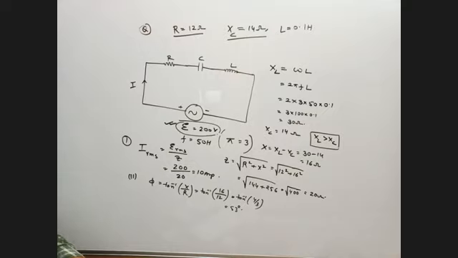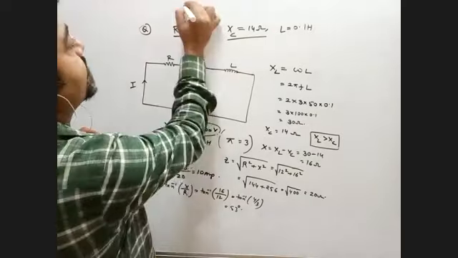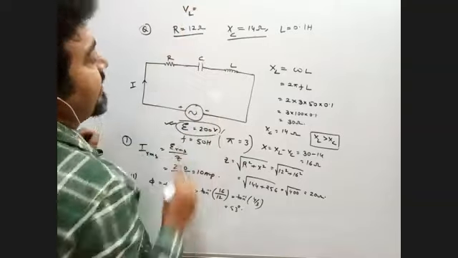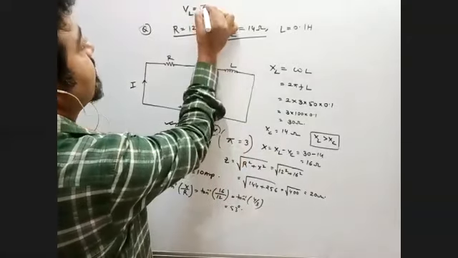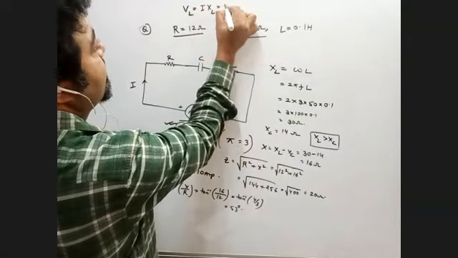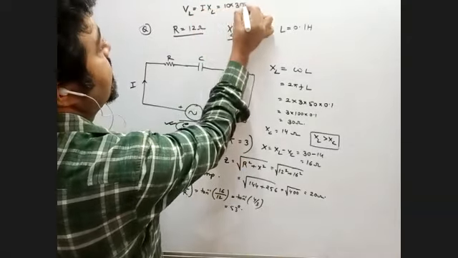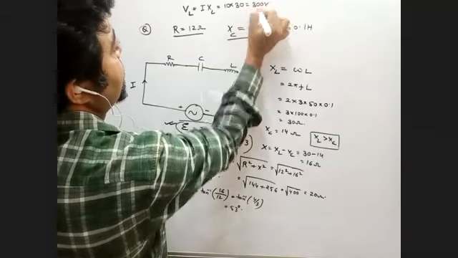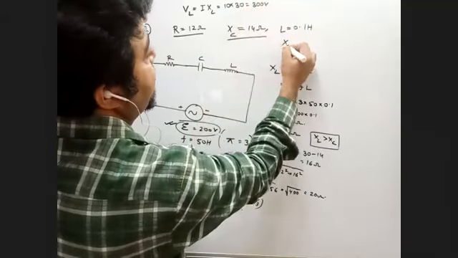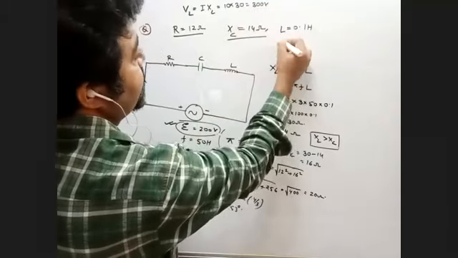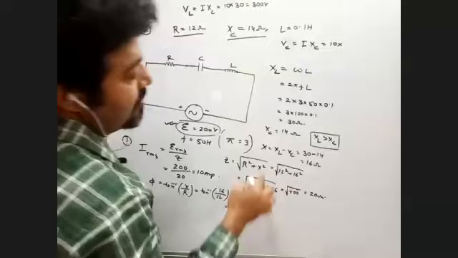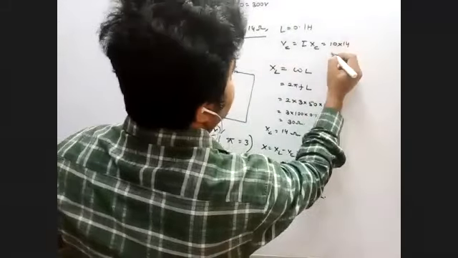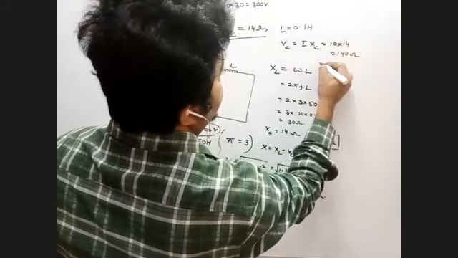Now they say find VL. So VL is how much? Very simple. You have I, you have XL. So that is I into XL, that is 10 into 30, that is 300 volt. If you want to find out VC, very simple, I into XC, 10 into 14, that is 140 volt.